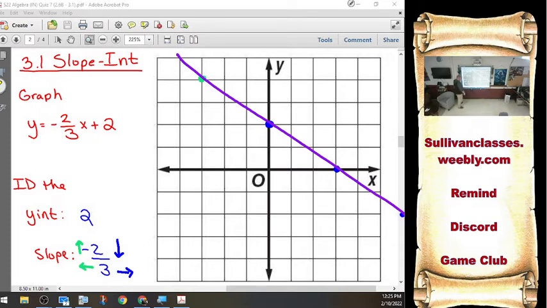Did you label your slope and y-intercept correctly as you were asked to? Did you actually put your y-intercept in the correct place? Did you do the correct ratio of 2 to 3?